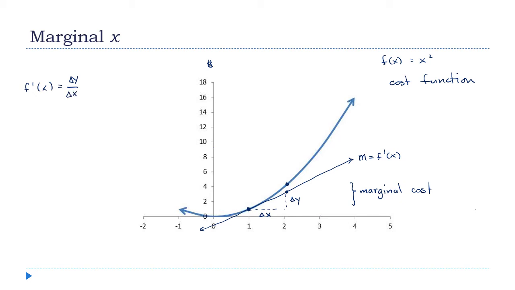But remember, we're talking about the marginal cost here. That delta x is always going to be one item further over, the next item. So delta x, when referring to marginal cost, is always going to be 1, which means delta y, which is what I'm looking for, my approximate marginal cost, is going to be the derivative at that point.